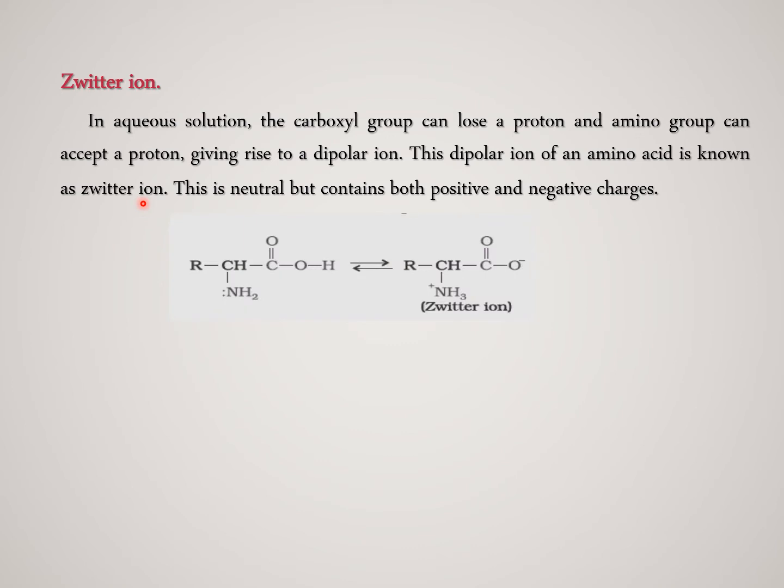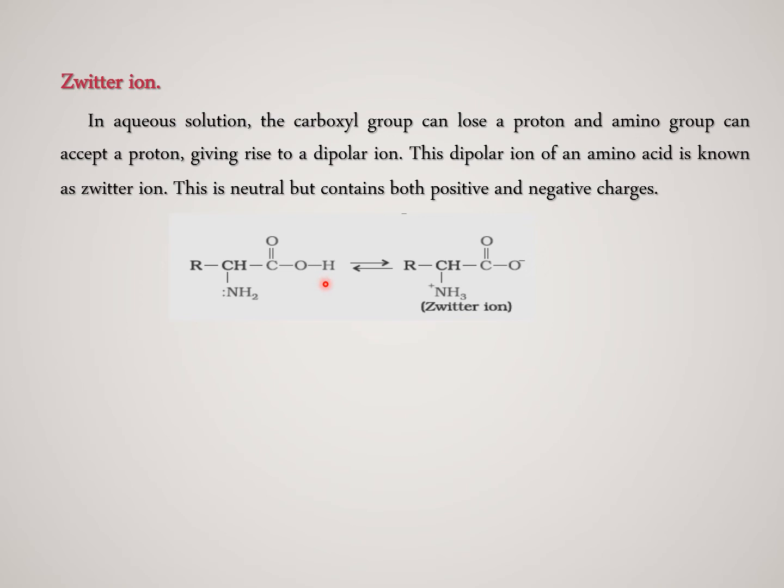You must be wondering, how is this a Zwitter ion? It is a neutral structure. It contains both the positive and the negative charge. How? Let's look at the covalent form of the amino acid. The amino group is the basic group ready to accept the proton. The carboxylic acid has the ability to donate a proton.